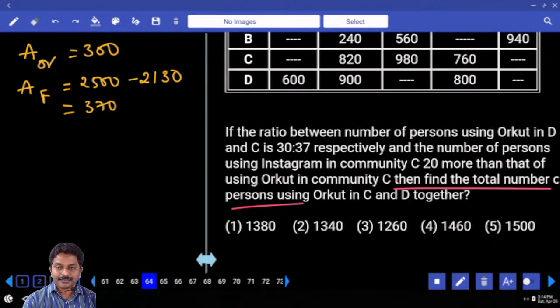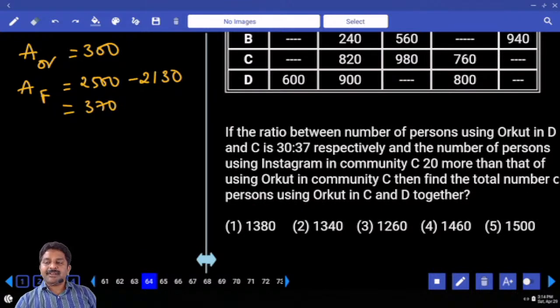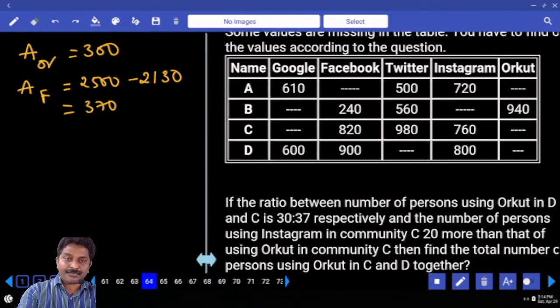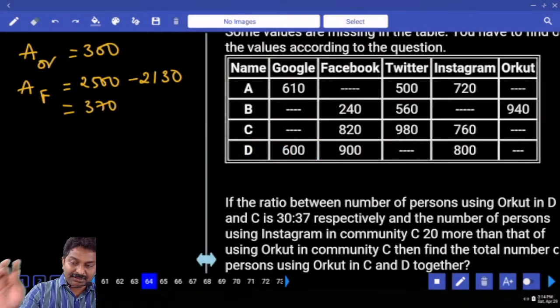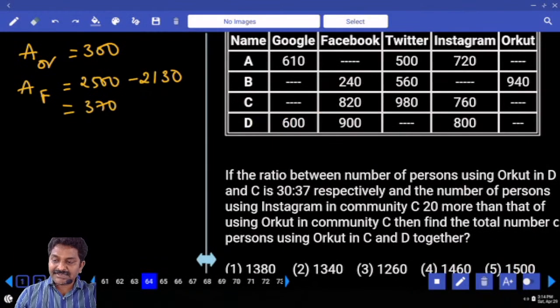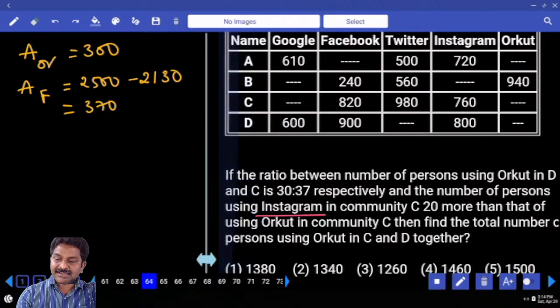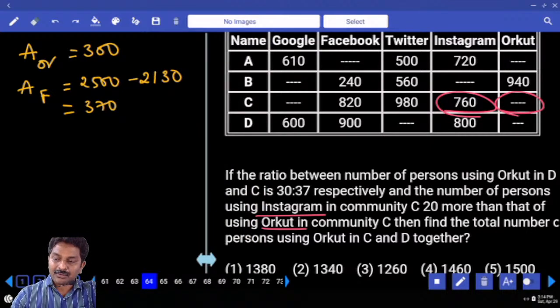Yes? If the ratio between number of persons using Orkut in D and C is 30:37 respectively, and the number of persons using Instagram in community C is 20 more than that using Orkut in community C. Okay, right. Community C, Instagram and then Orkut.